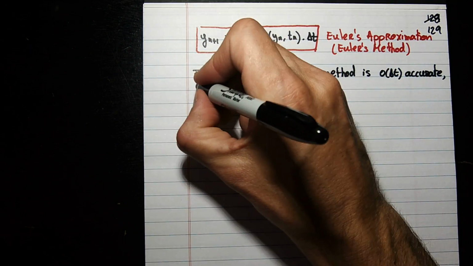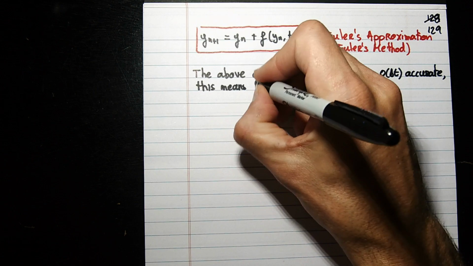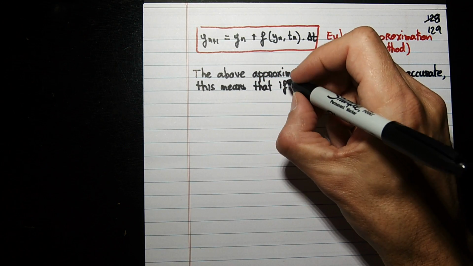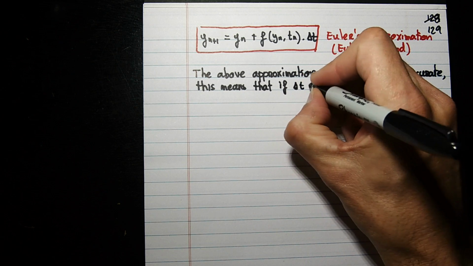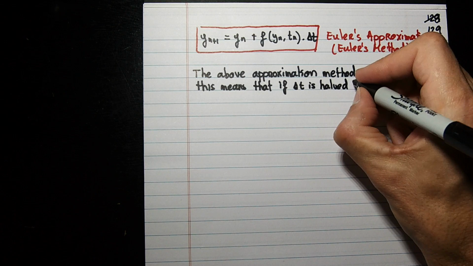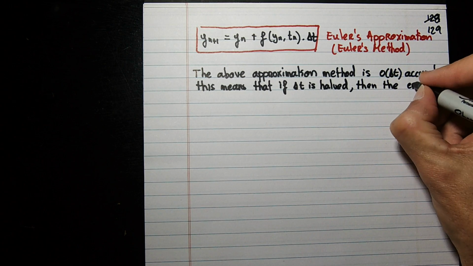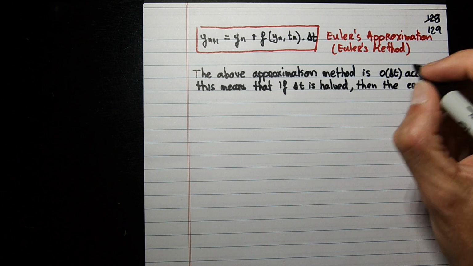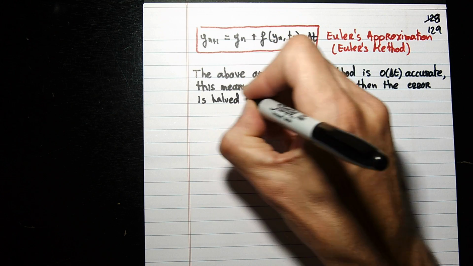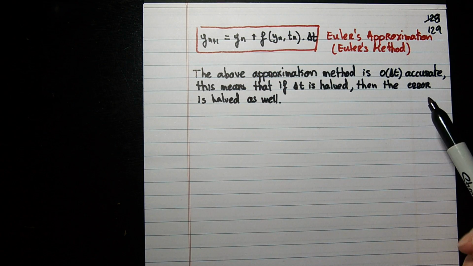And this means that if delta t is half, then the error is half as well. Okay, this is correct, but it's not 100% correct.